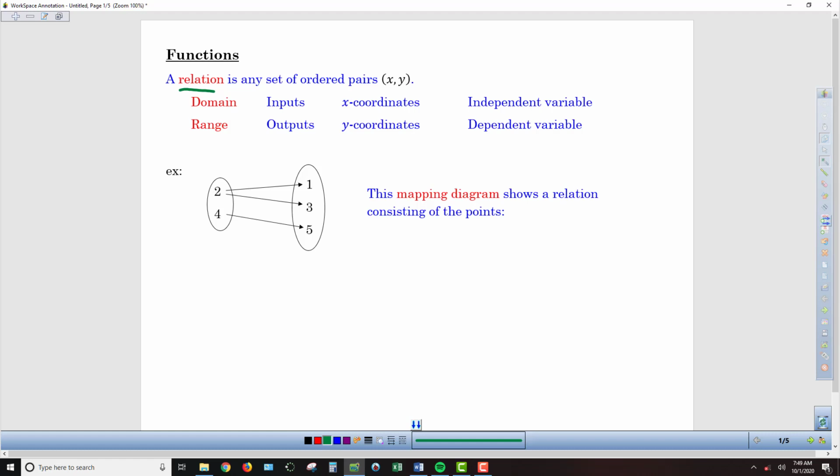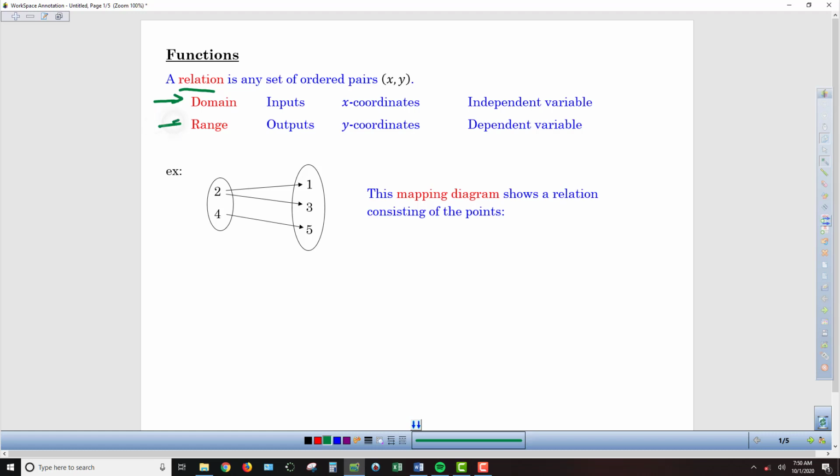We have a lot of interchangeable terms that we can use to describe elements of a relation. First of all, the domain, we know, hopefully, is the set of the inputs to that relation. It's the x-coordinates, if we're talking about a graph, or in the context of an equation, it's the independent variable, the variable into which we'll plug values in.